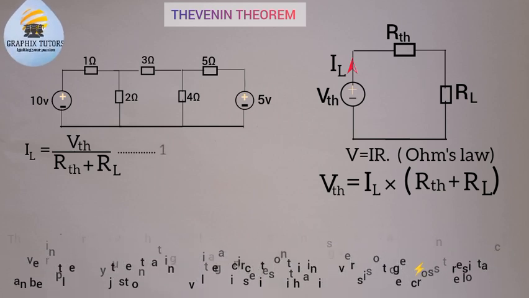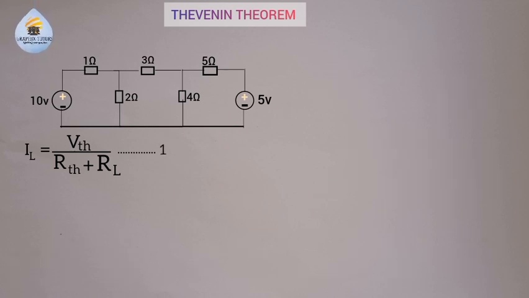Now, if you look at the circuit closely, we have two voltage sources, 10 volts and 5 volts. We have 5 resistors, which have resistances of 1, 2, 3, 5, and 4.